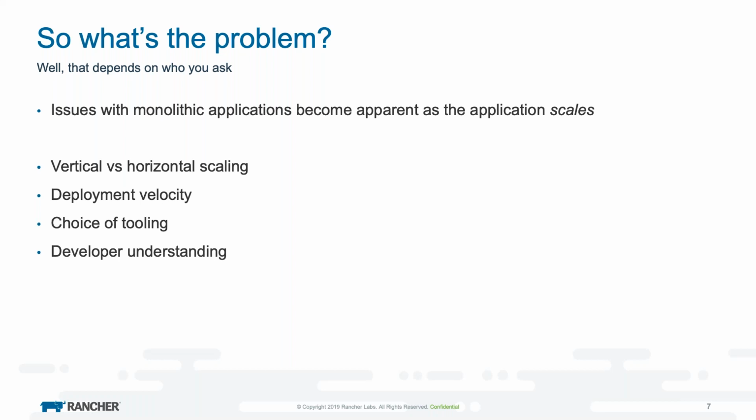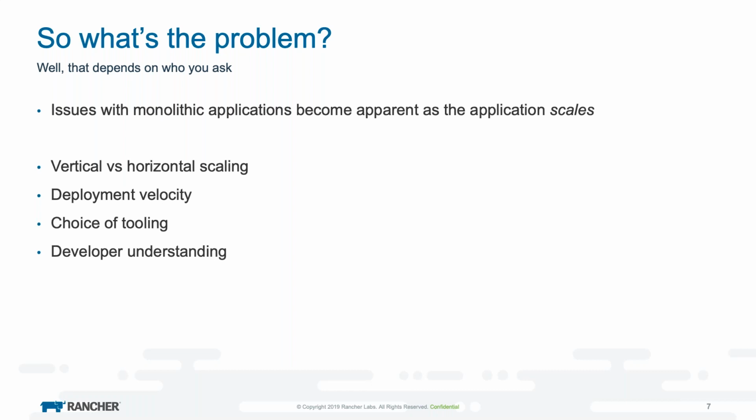And the bigger the monolith gets, the more difficult it is to ramp up developers in order to be productive and understand all areas of that application. It may even be impossible at some point, where you just have to start limiting the amount of impact that new developers can have on your application. So that's one of the challenges, or actually really four of the challenges, with monolithic applications. And again, these all become apparent as the application or the organization scales.